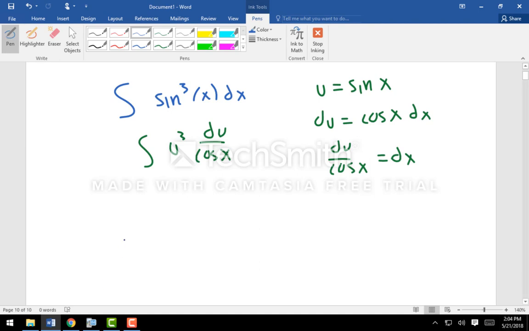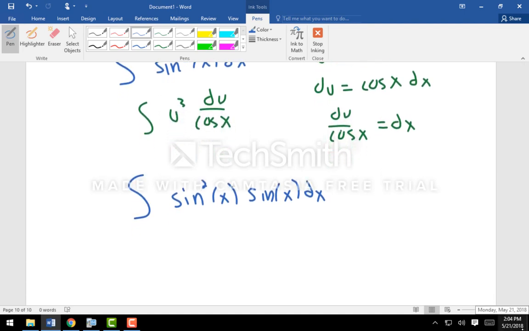We're going to write sine cubed as sine squared of x times sine of x, breaking off a sine term. Now, we're not going to let u equal sine. Instead, we use the Pythagorean Identity and write sine squared as 1 minus cosine squared. So now I'm going to let u equal the cosine term.